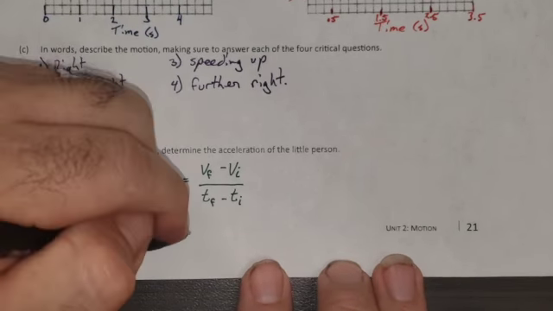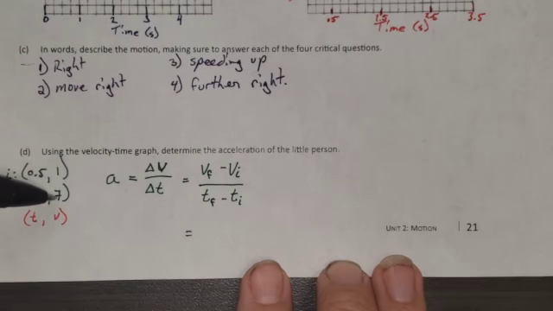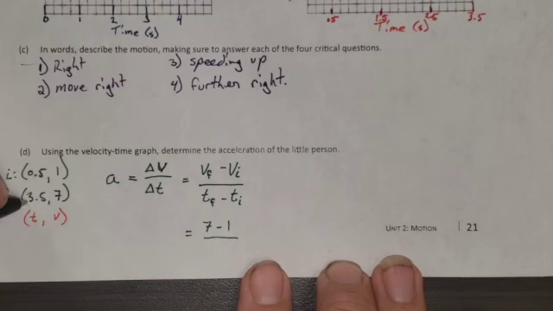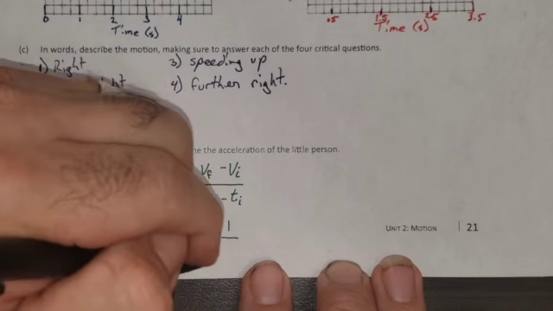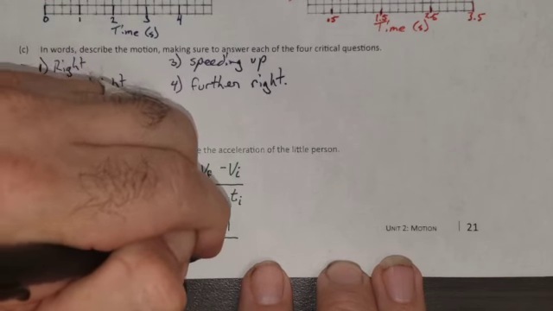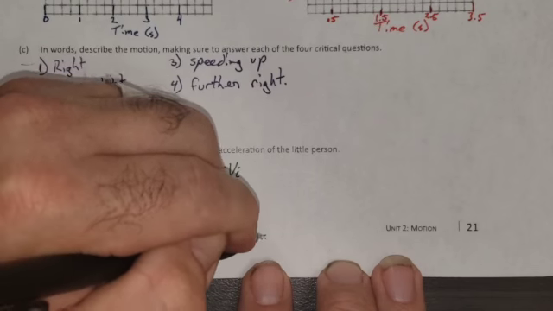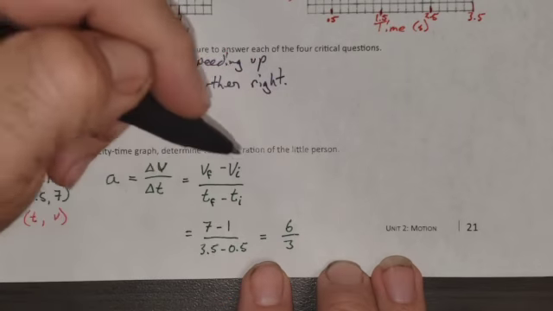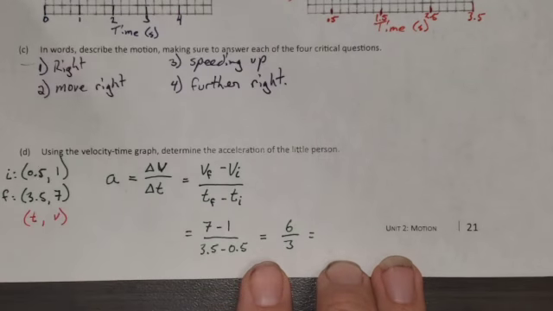All right, so let's plug our numbers in. We have 7 minus 1 on the top, and we have 3.5 minus 0.5 on the bottom. That gives us 6 over 3, which is 2.